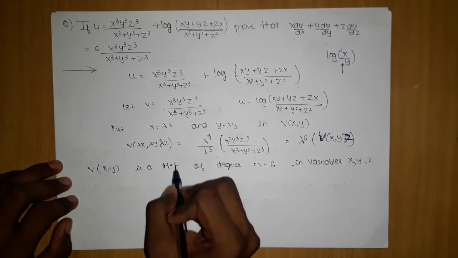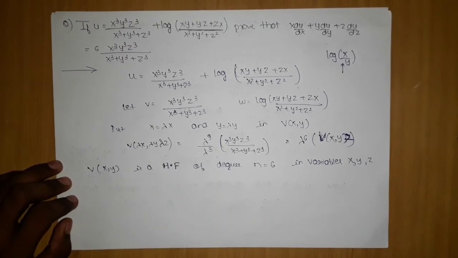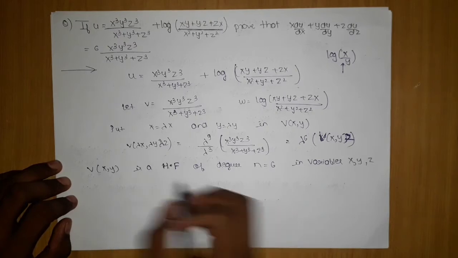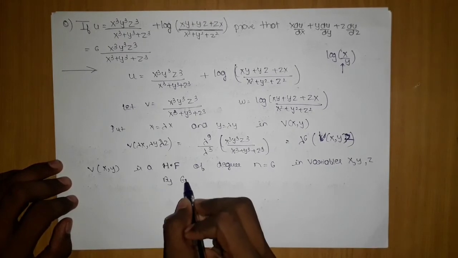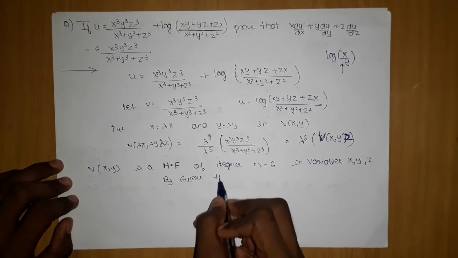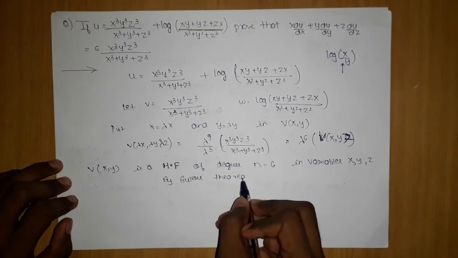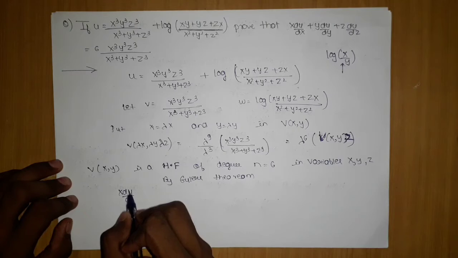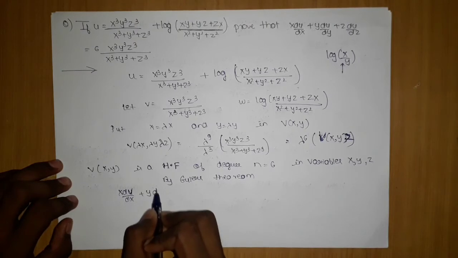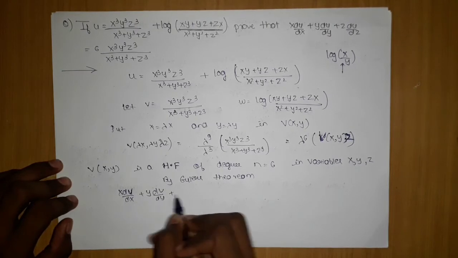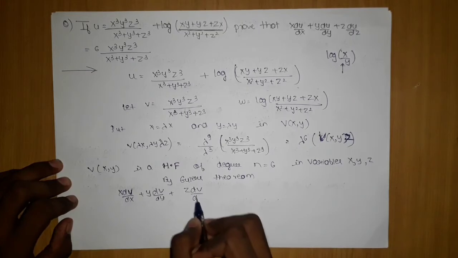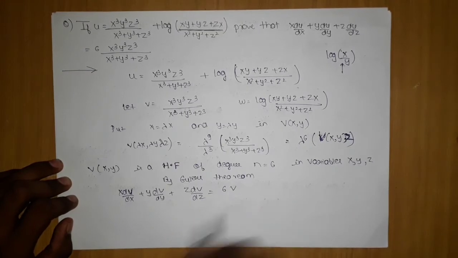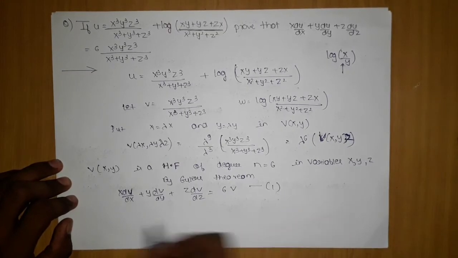Now what you should do is do the thing which you mostly do by Euler's theorem. You should give it 1.